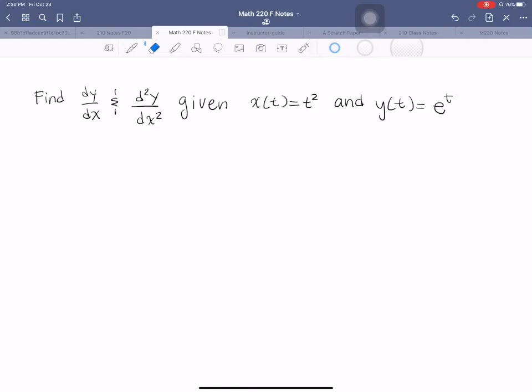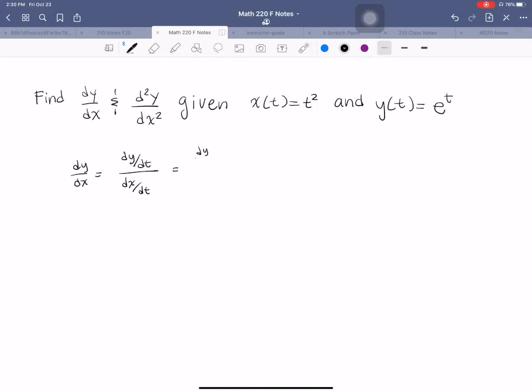So for the first derivative, that is dy over dx, this means we need to take the derivative of y with respect to t and divide that by the derivative of x with respect to t. So let's take care of these.